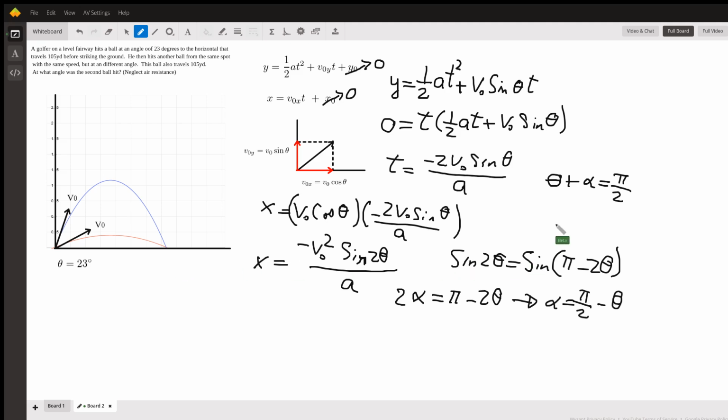Okay, so that's basically true for any angles. And in this case, theta is 23 degrees, so alpha would have to be 67 degrees, so that the sum of the two comes out to be 90 degrees. So the answer is alpha equals 67 degrees.